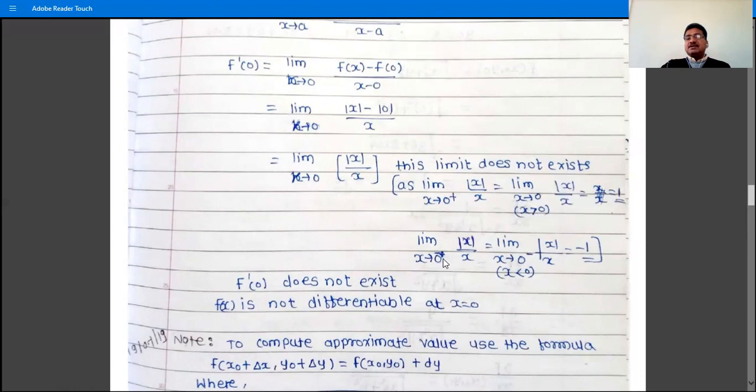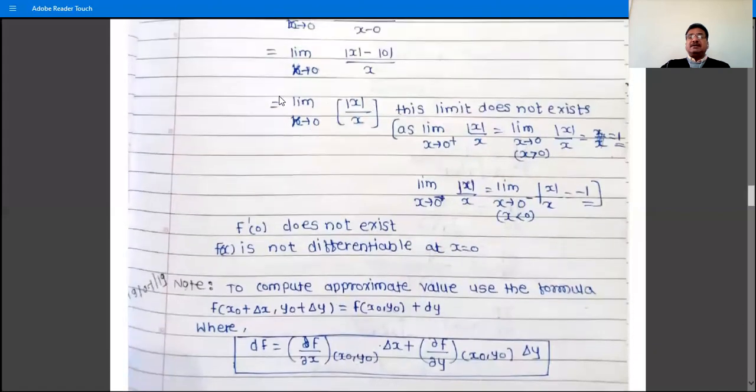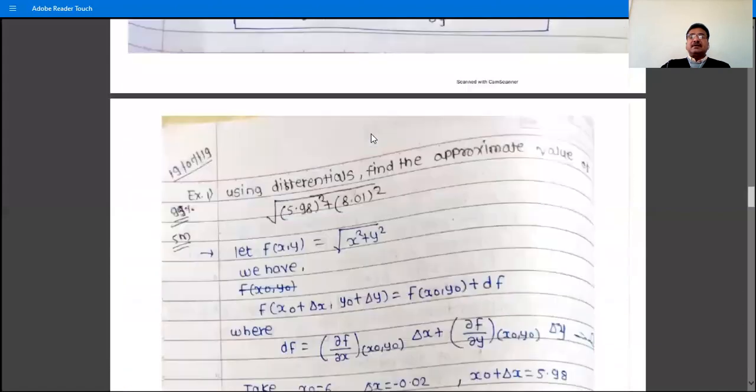And if x tends to 0 minus, then x is less than 0. If x is less than 0, then |x| is minus x, and minus x by x is minus 1, and the limit of minus 1 is minus 1. So the right hand limit is plus 1, the left hand limit is minus 1, and therefore the limit does not exist. This limit as x tends to 0 of |x|/x does not exist.